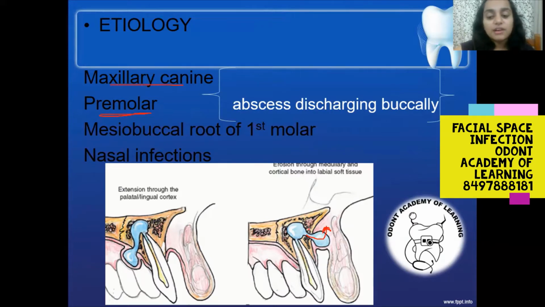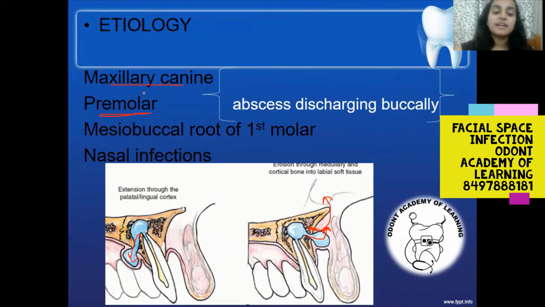So it will encroach the buccal cortical plate and then it can go up and cause the canine space infection. In case this doesn't happen, there's some sort of resistance, it can find a way into the palate and form a palatal abscess.